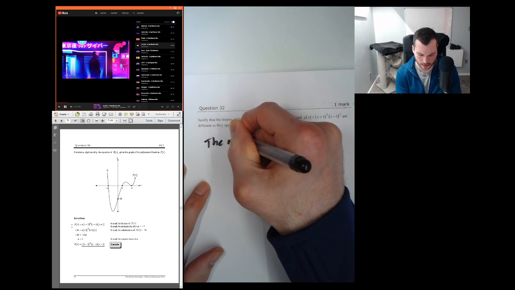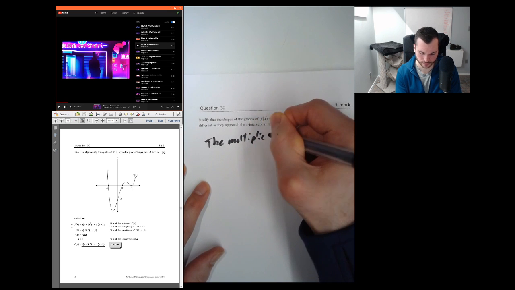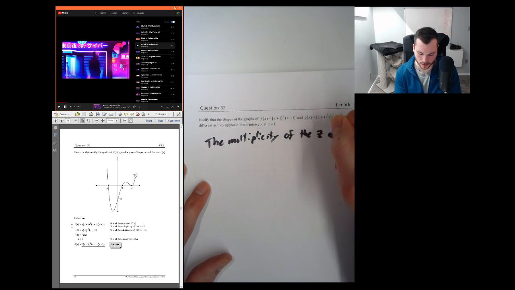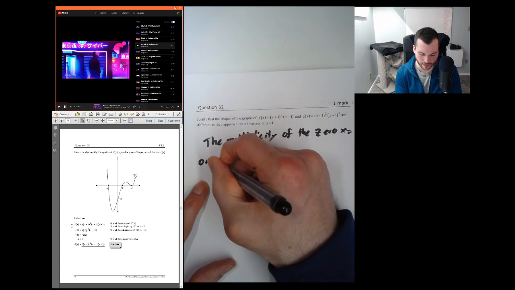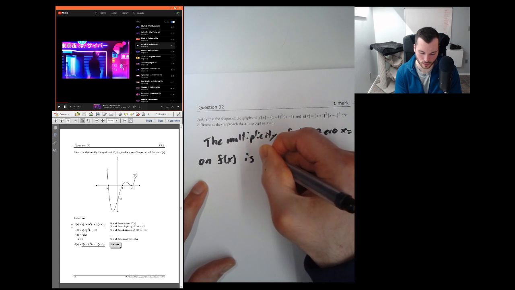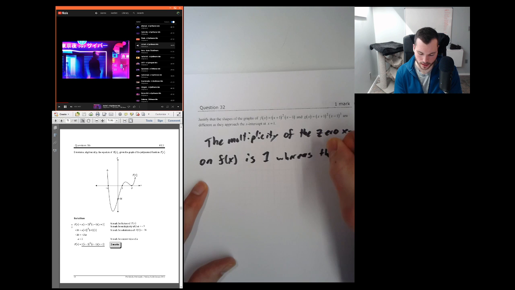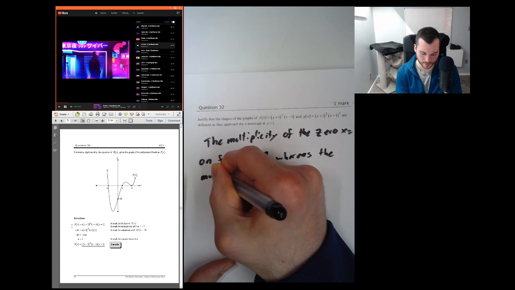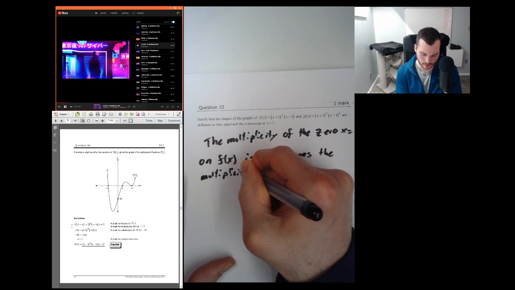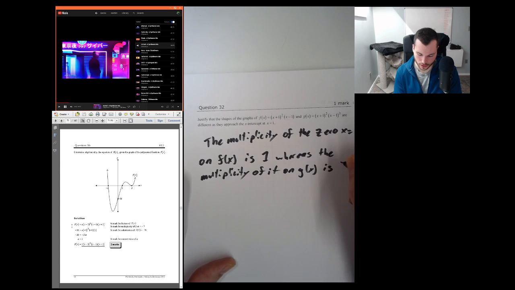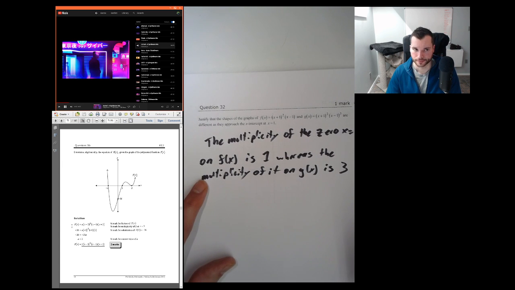The multiplicity of the 0 at x equals 1 on f of x is 1, whereas the multiplicity of it on g of x is 3. Okay, that would be good.